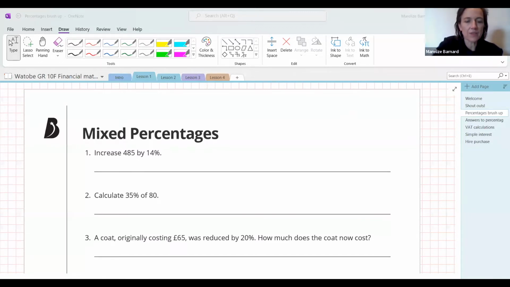Pop it in the chat if you have an answer. Yes, give an answer, guys. Don't just write the calculation, but give the answer.